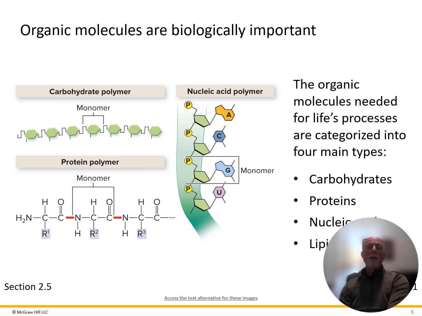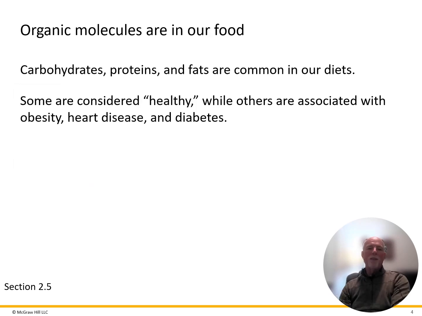All of these are very common terms that you've heard in past science classes, and also in social media and the media. You hear about these compounds all the time. Carbohydrates, proteins, lipids are very common in our diet. You eat these.